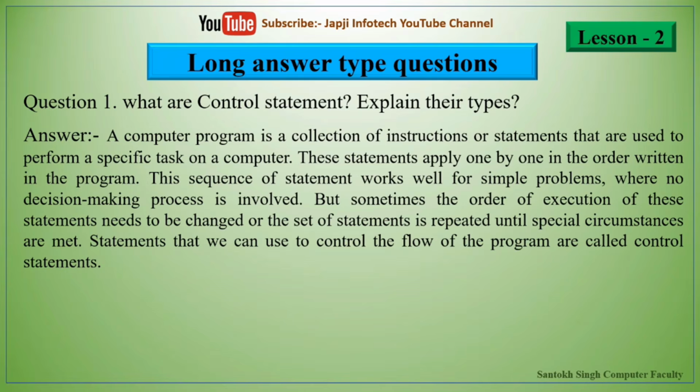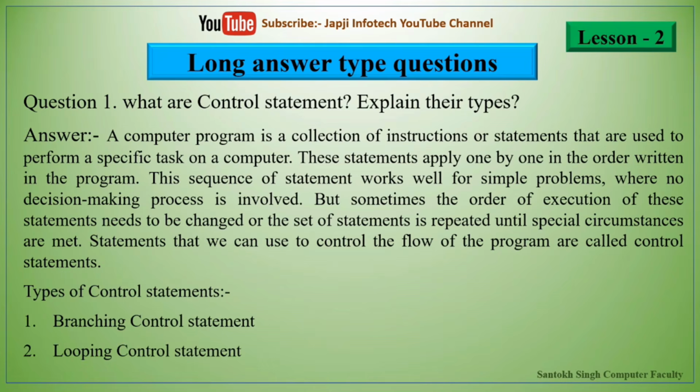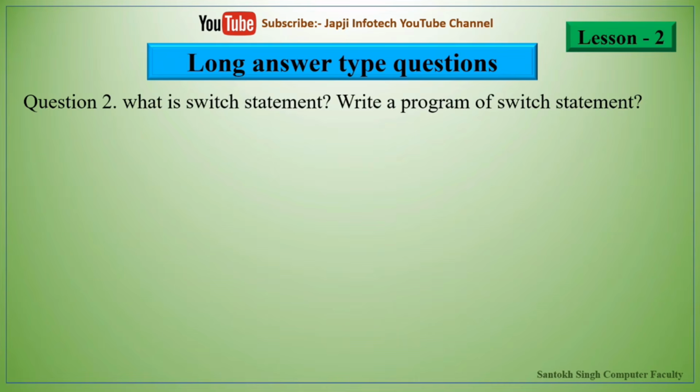Statements that we can use to control the flow of the program are called control statements. So types of control statement are, first one is branching control statement, second one looping control statement, third one is jumping control statement.